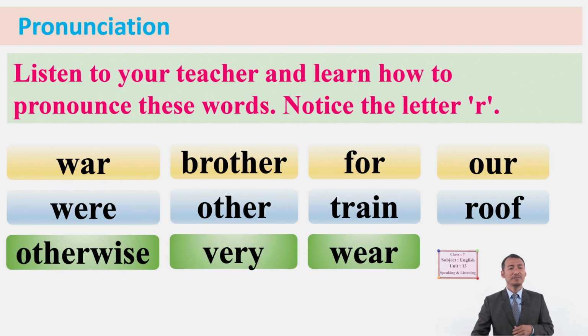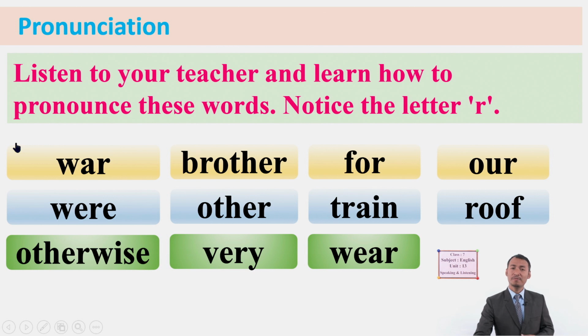For example, for the first word, we can say war, not war with a full R. Here, at the end of a word, we don't generally pronounce the full R. So it becomes a silent R. For example, war. Let's listen to the audio here for these pronunciations.